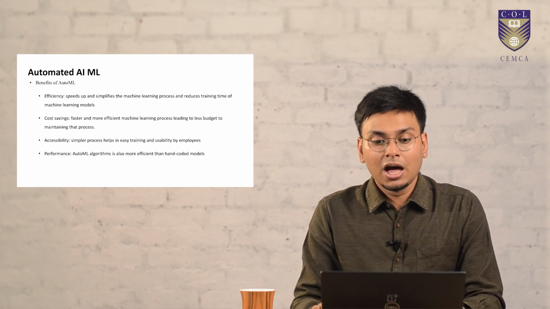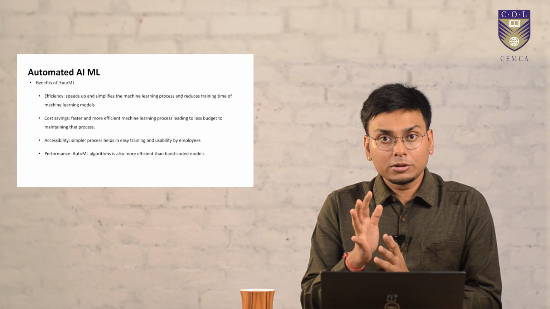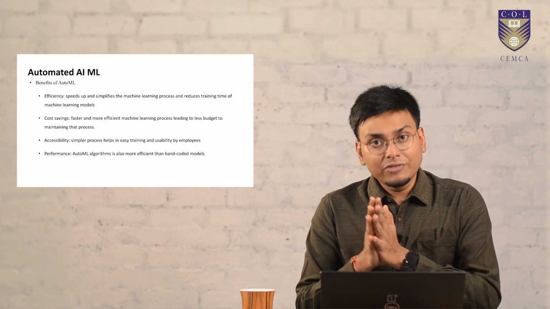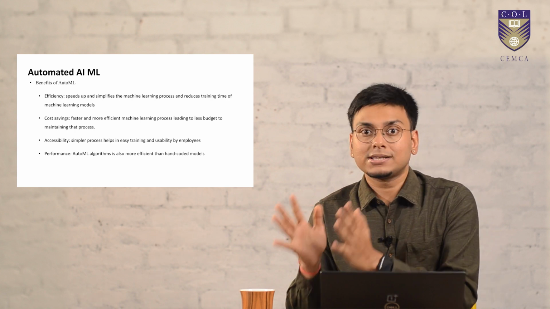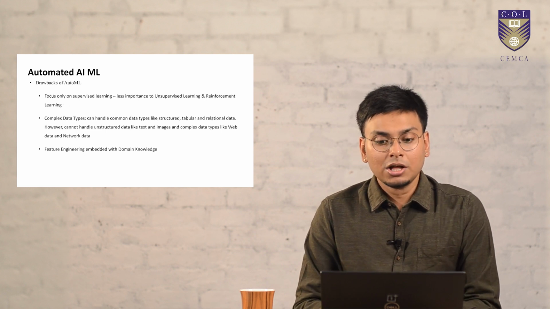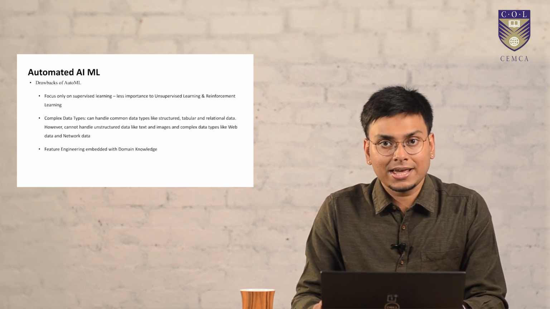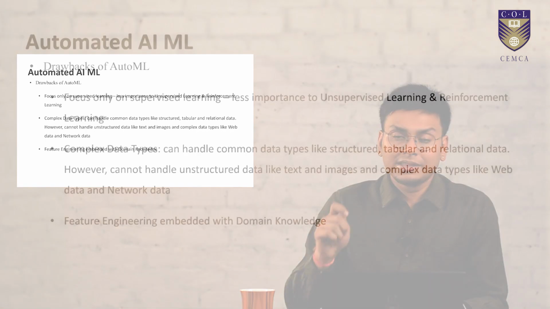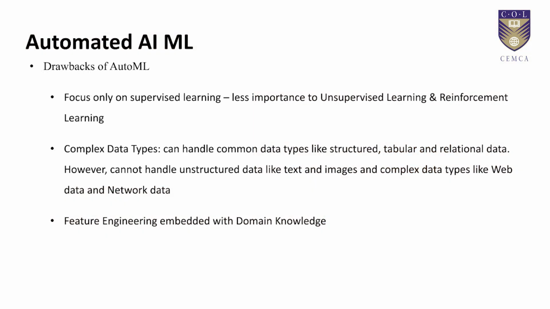In spite of having these pros, every process also has some cons, and automated AI/ML is not an exception to that. A few of the drawbacks are that these automated AI/ML tools currently focus only on supervised learning. Unsupervised learning and reinforcement learning are not something that has been quite easily automated to date based on this AutoML process.